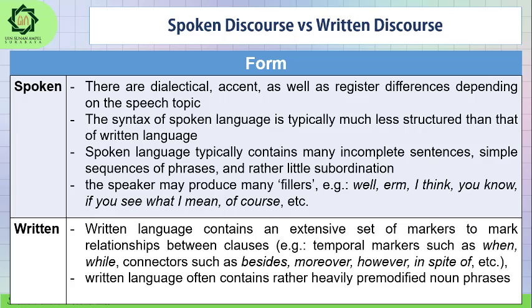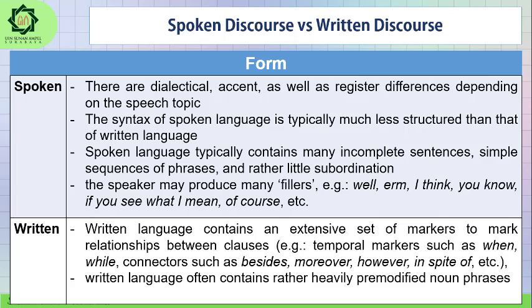Spoken language typically contains many incomplete sentences or simple sequences of phrases and rather little subordination. So this is the opposite of written text or written discourse. And then the speaker may produce many fillers, such as, well, I think, or you know, if you see what I mean, etc.